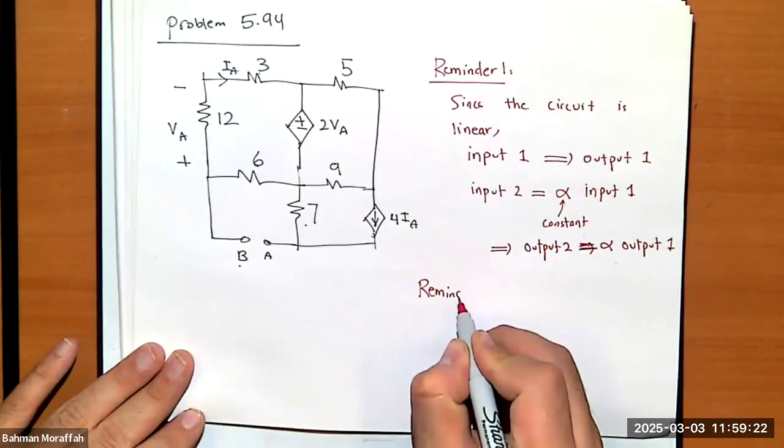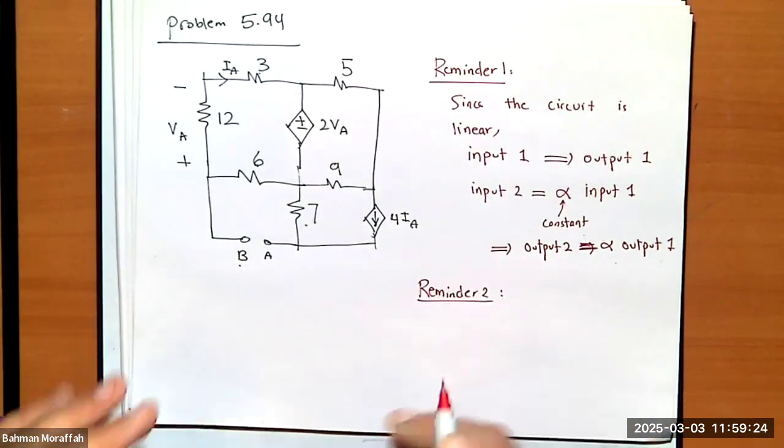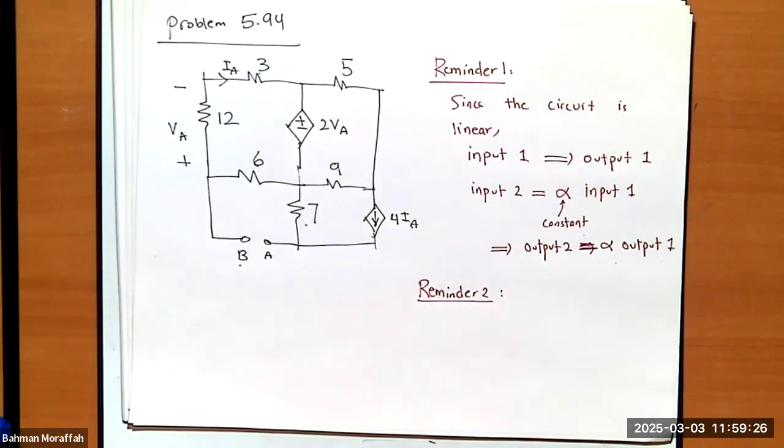Reminder 2. Regardless of any type of circuit, I know Ohm's law always holds. So if I want to find the value of a resistor, I can always look at the voltage across those 2 points and divide it by the current through it. It always holds.